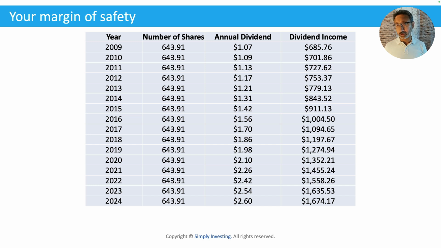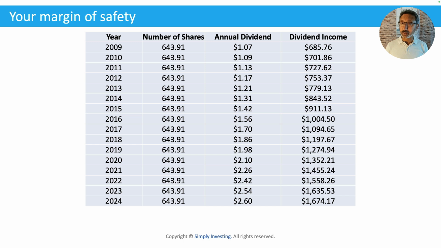And now we're only looking 15 years back, only from 2009 onwards. You can see the dividend has continued to go up. As of this recording, the annual dividend per share is now $2.60. That's a huge increase from what it used to be, $1.07 back in 2009.